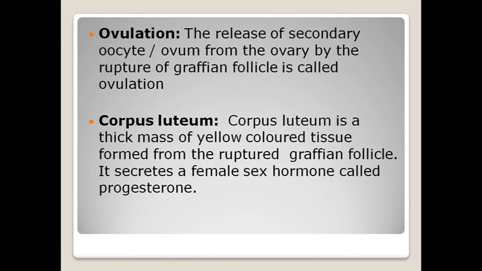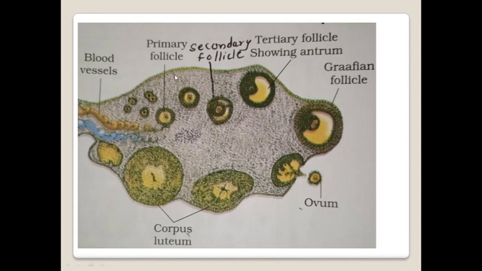So, this is the structure of ovary with different follicles: primary follicle, secondary follicle, tertiary follicle, Graafian follicle. Here ovulation can be seen. Then after ovulation, ruptured follicle transforms to corpus luteum. Corpus luteum secretes the hormone progesterone.